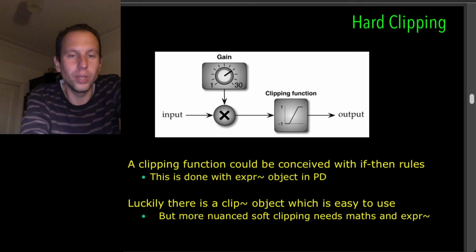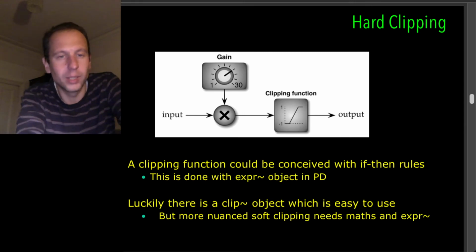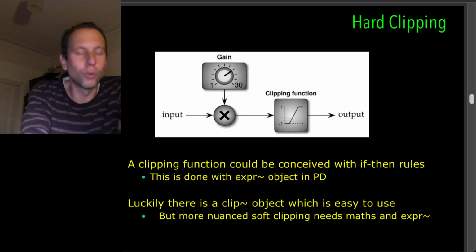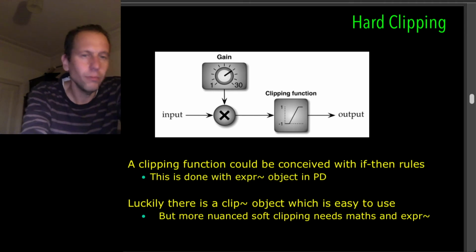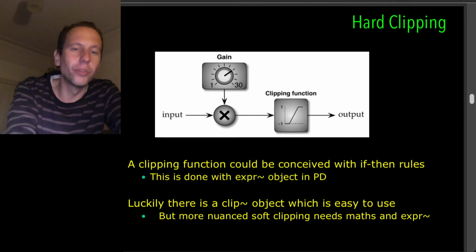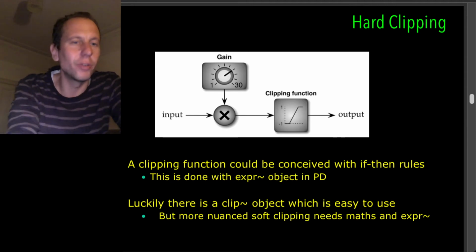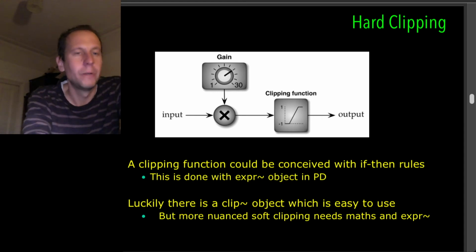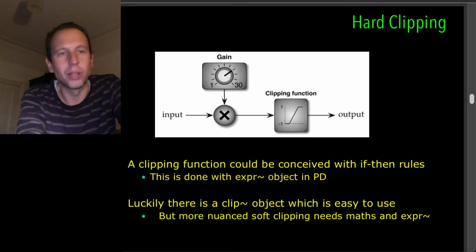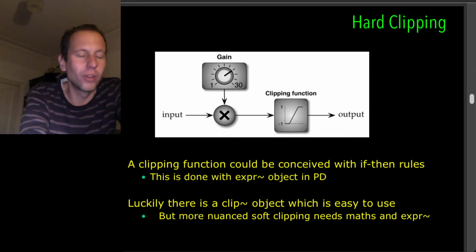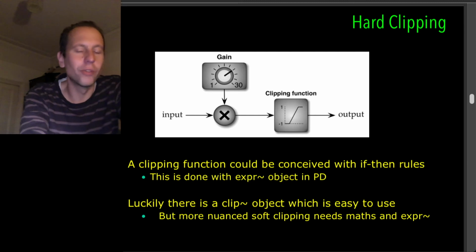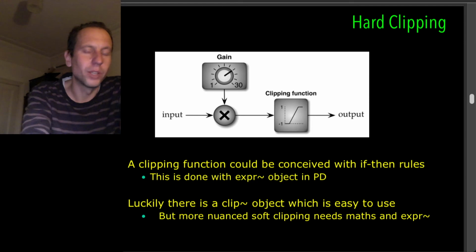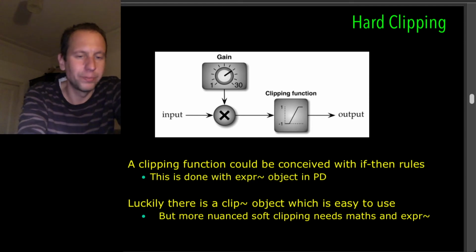We can do this with the expr tilde object in PD. This is an object that allows you to do all sorts of math. Not the most accessible thing to start with, but definitely very useful to have in the back of your mind to know that, okay, if I need to do some maths, I can do it by assembling multipliers, additions, and a variety of other objects, but actually very often it is more transparent if you use the expression object and just type it out.